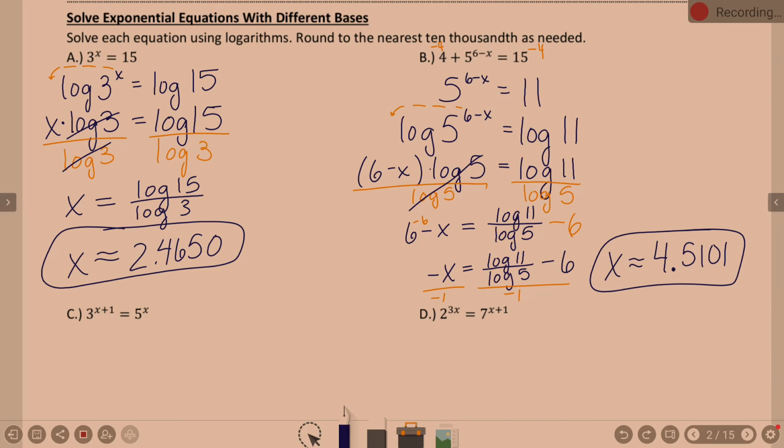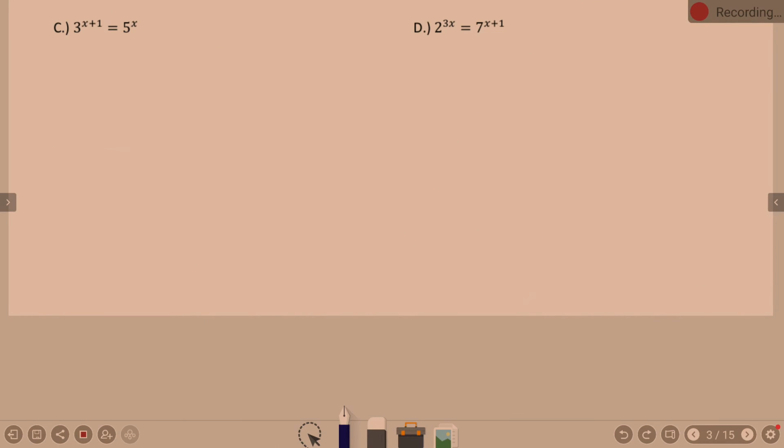No, it's not happening. So we're going to take the log of both sides. So I'm just going to rewrite that out by putting the word log in front. Log of 3 to the x plus 1 equals log of 5 to the x.